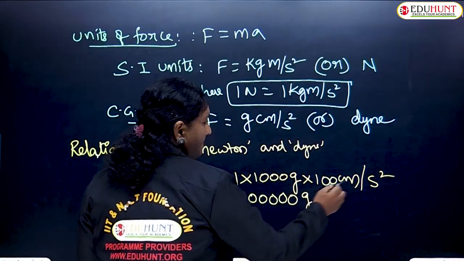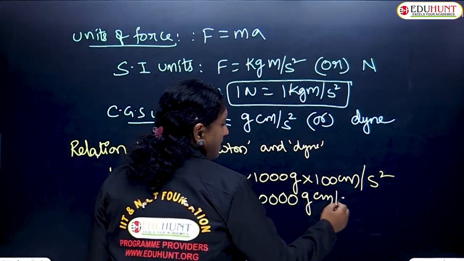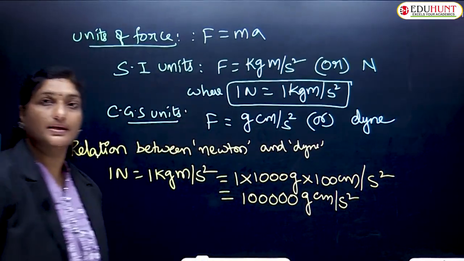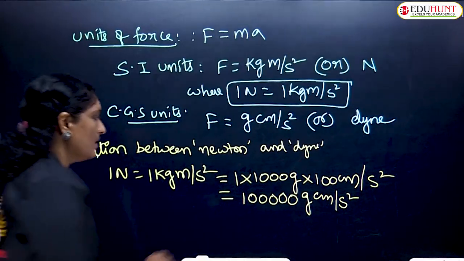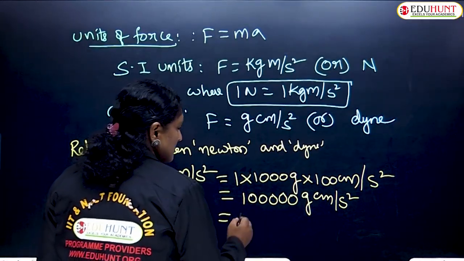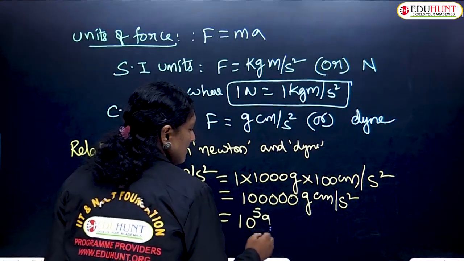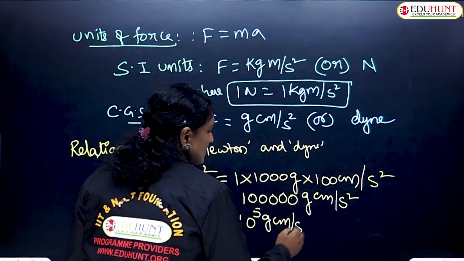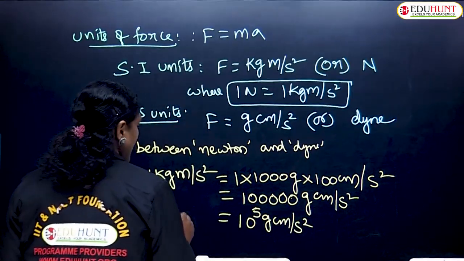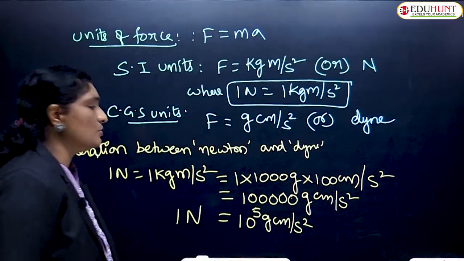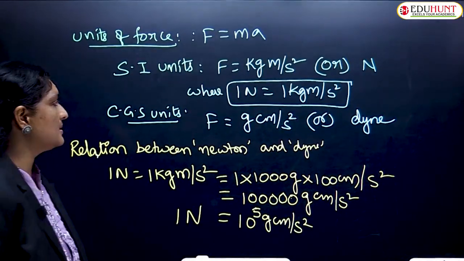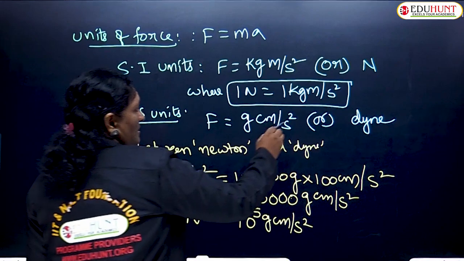The units are gram centimeter per second square. So 10 power 5 gram centimeter per second square. So 1 Newton is equal to 10 power 5 gram centimeter per second square.